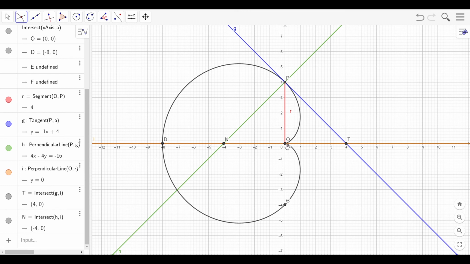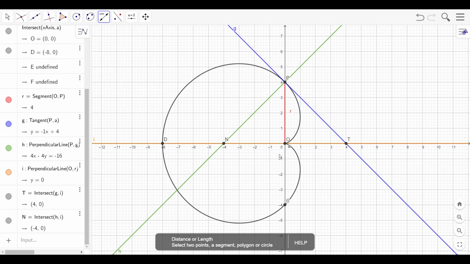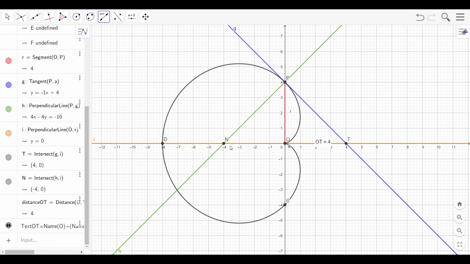Then you can see that the distance ON is 4 and the distance OT is 4. So it is evident from the figure itself, or you may measure the distance. Distance OT is 4, distance ON is again 4.